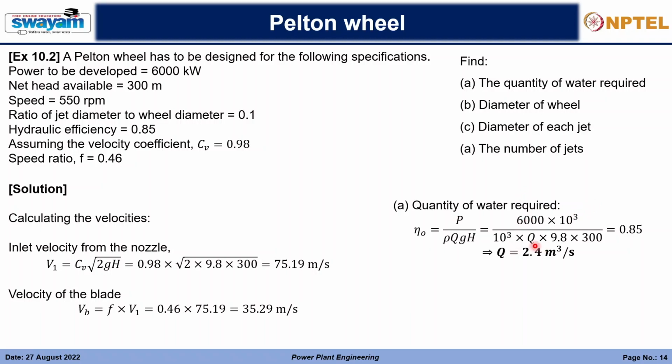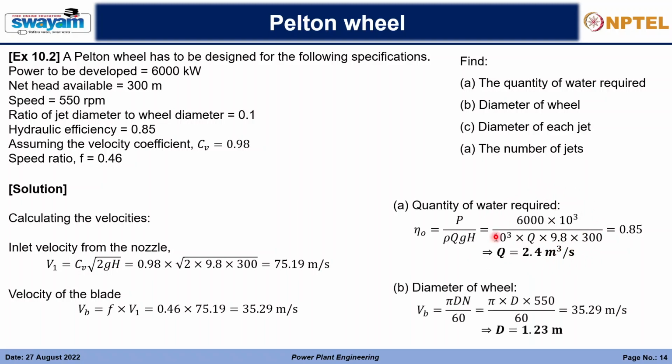By this we have only one unknown, that is the discharge rate, and it is evaluated to be 2.4 meter cube per second. So this way we can calculate the quantity of water required. Then the diameter of the wheel: we know the blade velocity, we can directly put it in, d is unknown, so directly we get d equal to 1.23 meter.